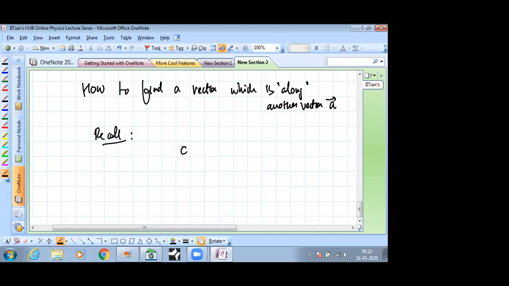Recall this operation C is equal to n into A, where n is just a number. Basically, it's a scalar quantity. Recall this operation, what it gave us. It used to give us a vector such that magnitude of C becomes mod of n times magnitude of A. Okay.